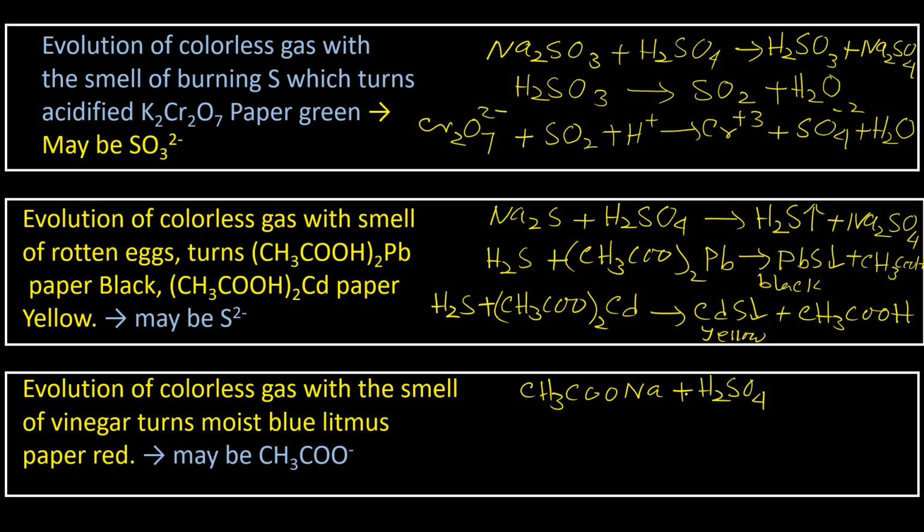Okay. Same thing, the weaker acid will be released, that means acetic acid. This acetic acid has the smell of vinegar. And plus you will have this sodium sulfate. And as acetic acid is evolving, the acid makes blue litmus red. Okay.